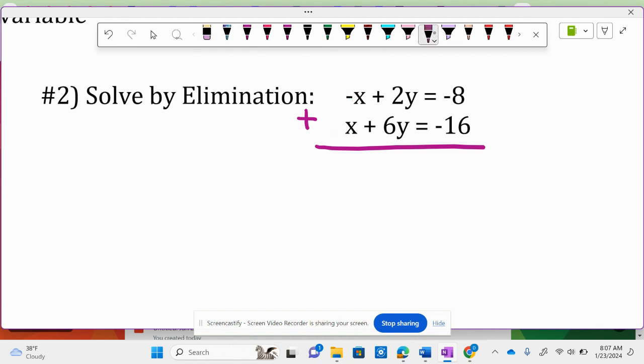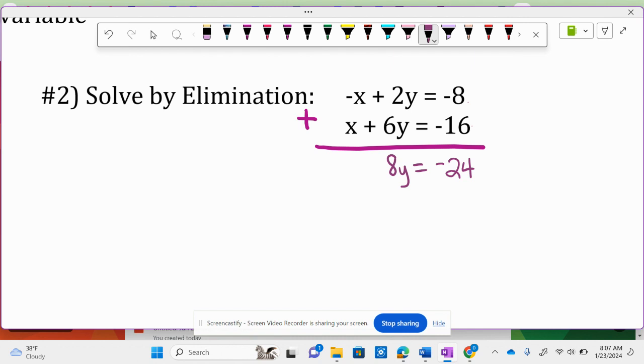So let's see. Negative X plus positive X is what? It's 0, so we don't even write it. 2y plus 6y is perfect, 8y. And negative 8 plus negative 16 equals negative 24. Good job. Okay, how do I get y all by itself?